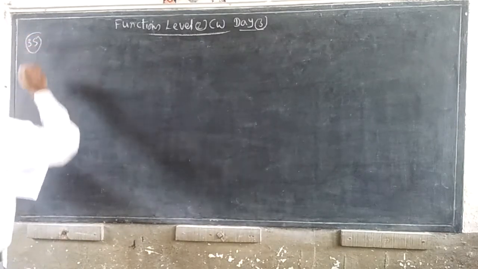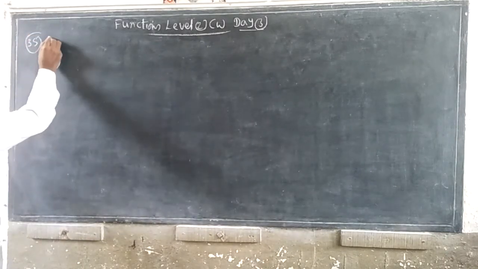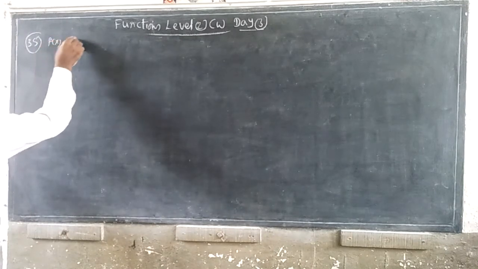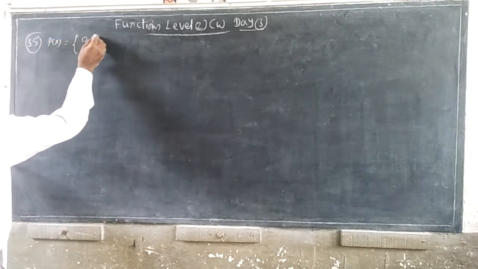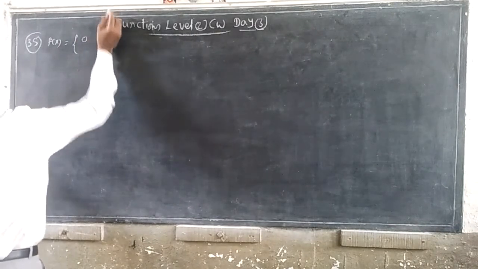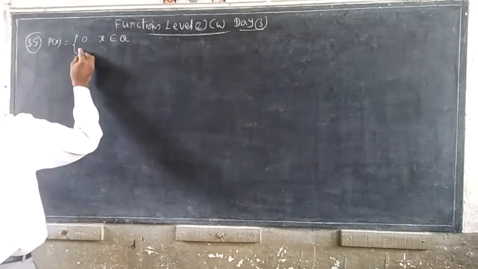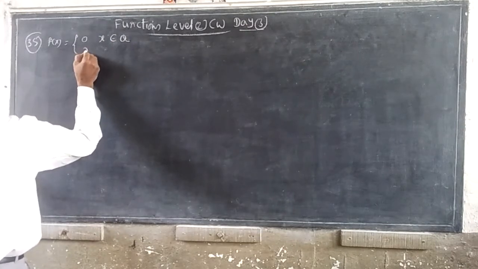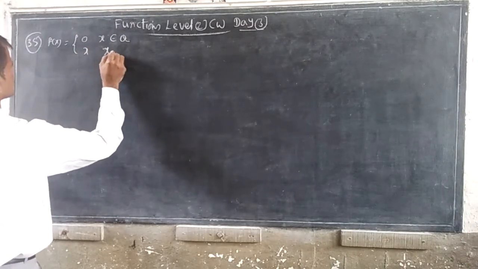Now, f of x is equal to 0 if x is rational. X is rational means belongs to Q, we can write. Next, x, if x is irrational.